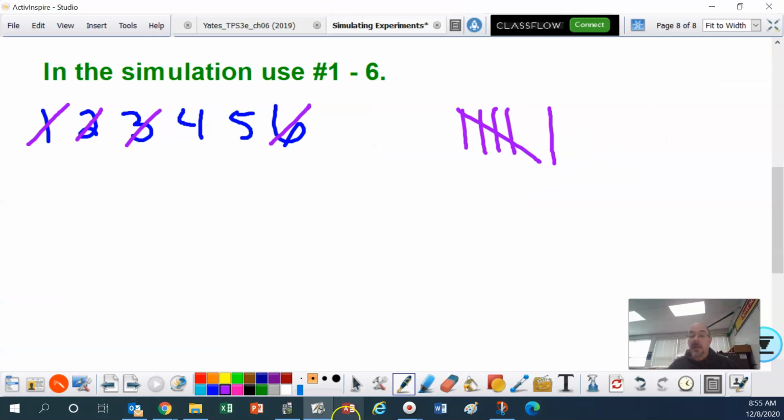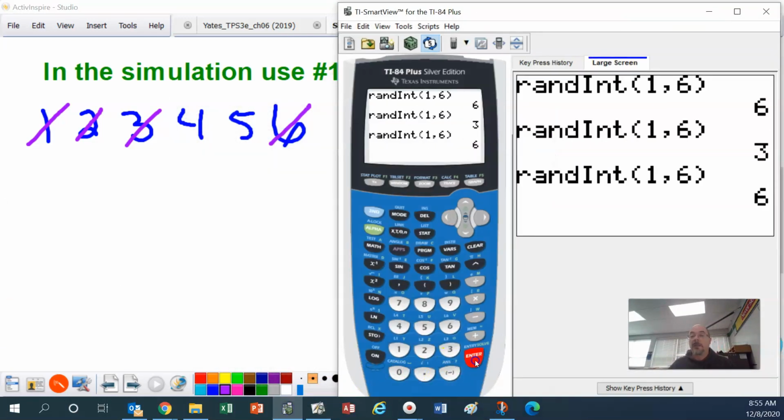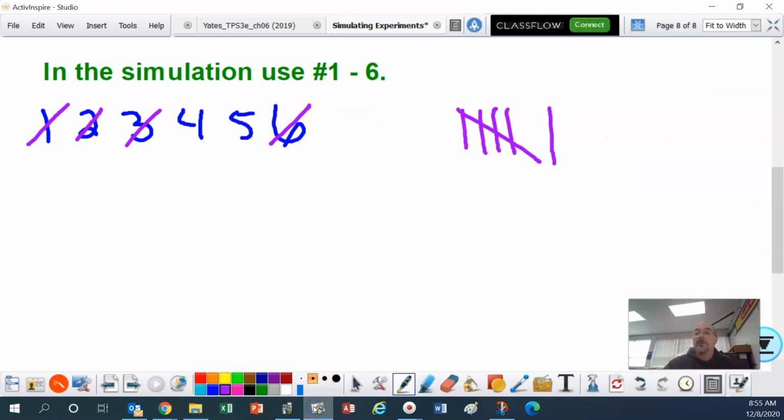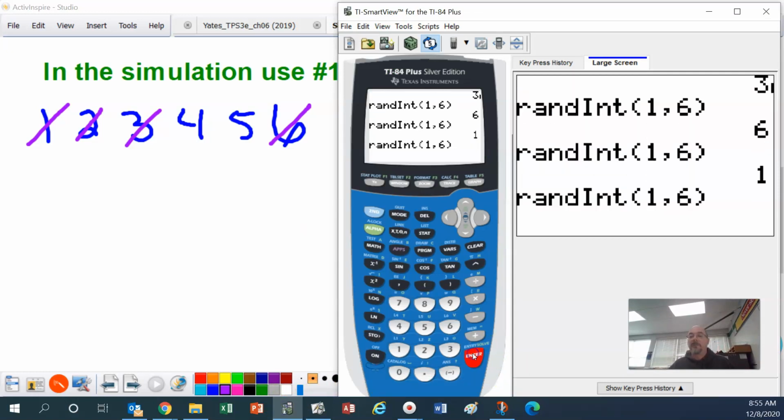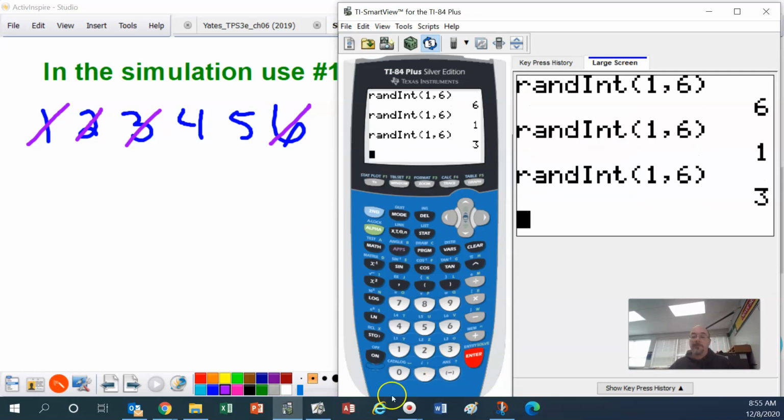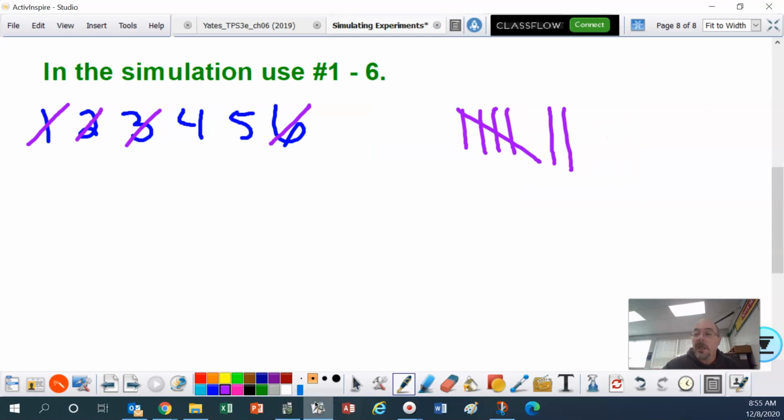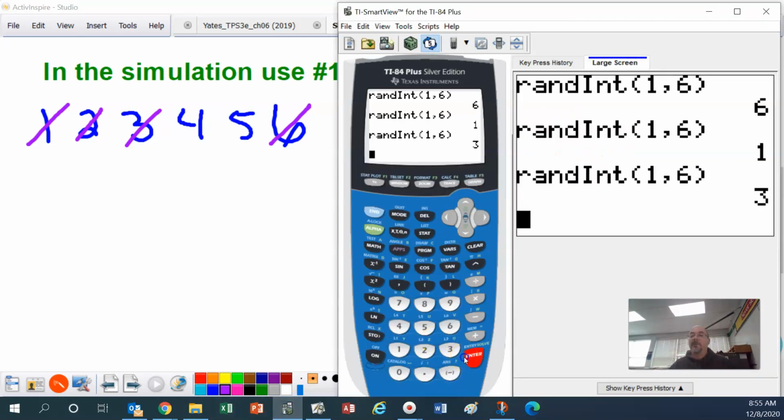I bought a box, I make a tally mark. Hit enter again. Prize number 1. Tally mark. Prize number 3. Tally mark. Next prize, nope, 3 again. Tally mark.